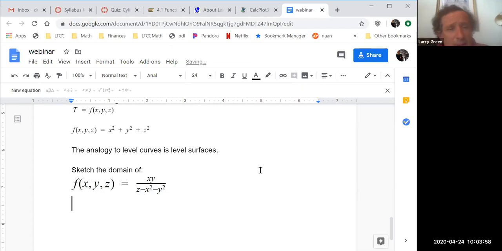All right, how do we go about sketching the domain of xy over z minus x squared minus y squared?